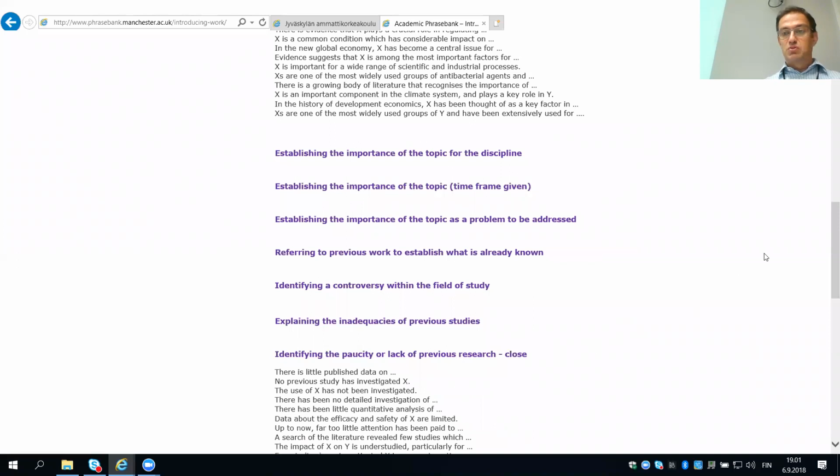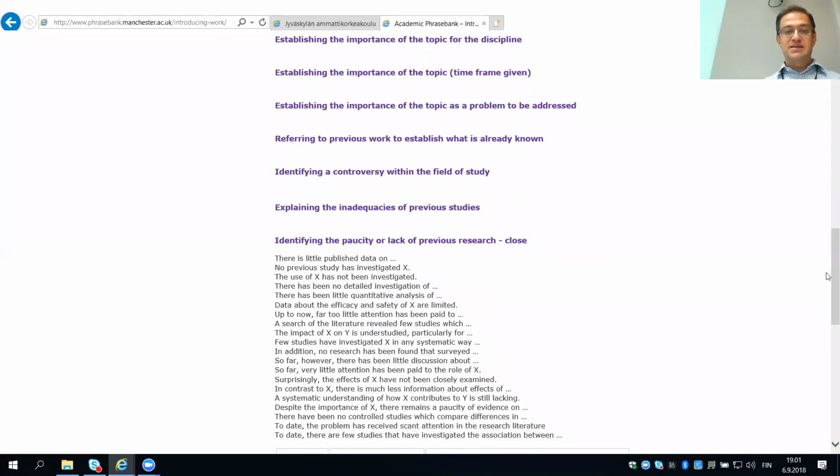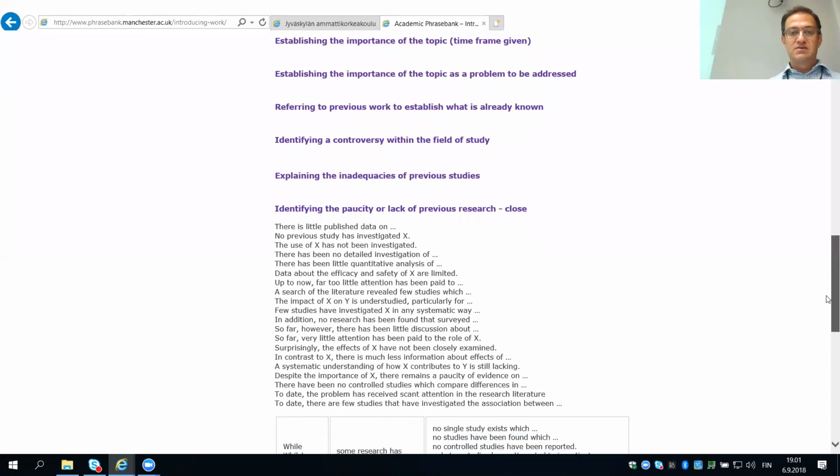So you will be saying there is little published data on this. No previous study has investigated X. So you have a good vocabulary when you want to suggest that we need this kind of research because there is little research that has been conducted on this topic. And instead of saying that, you can have a variety of other sayings from this area.